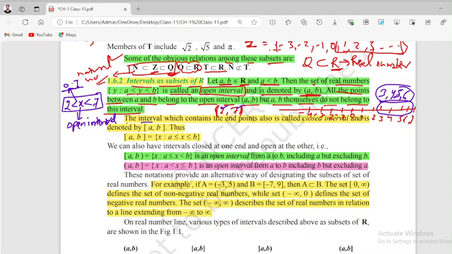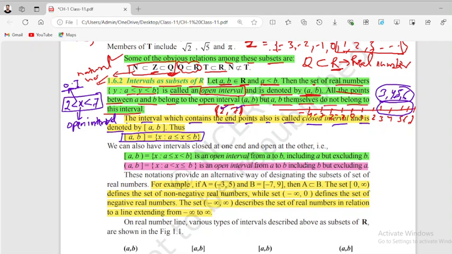The interval which includes the end points is called a closed interval and is denoted by these square brackets. This is the representation of a closed interval.